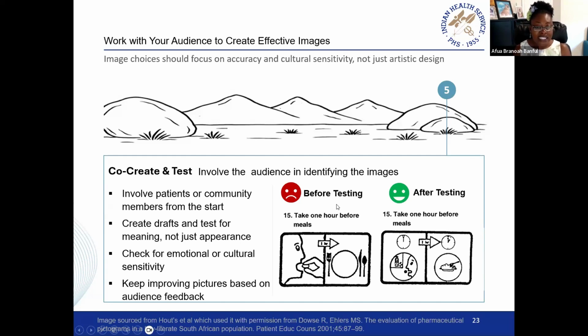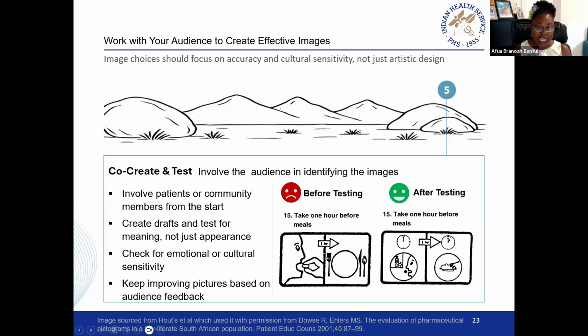So this is all saying that it is hugely important to test the picture with the intended audience, because some things that one may take for granted as clear may not at all be clear to the audience, okay?